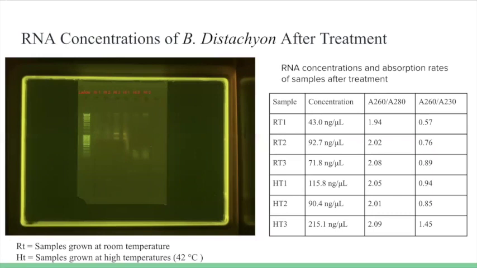And unfortunately for our treated samples, we have two streaks, and one where half of it is a band and half of it is a streak. And so these streaks indicate that our samples were contaminated with RNase, and this is unfortunate. And we can see that room temp 3 or sample 3 from the room temperature group showed the brightest samples.